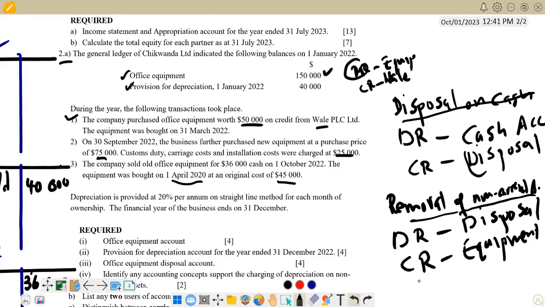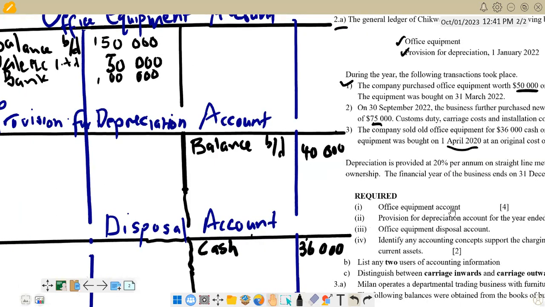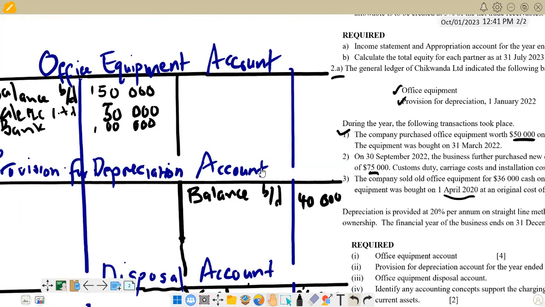We are only dealing with the equipment account, because that's the one being asked in the question. So we go to the equipment account and credit the cost price, 245,000. On the credit of the equipment account, we write disposal in the details part.